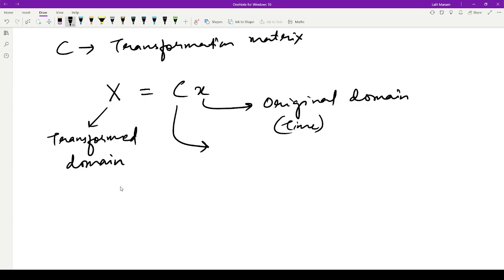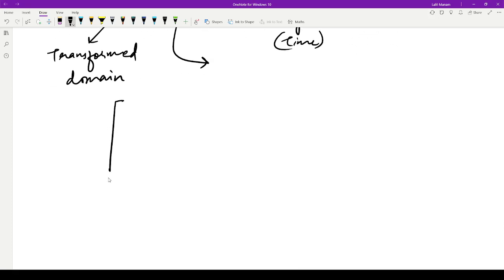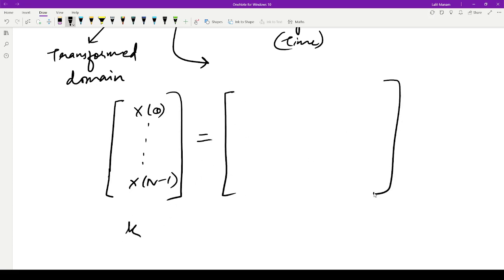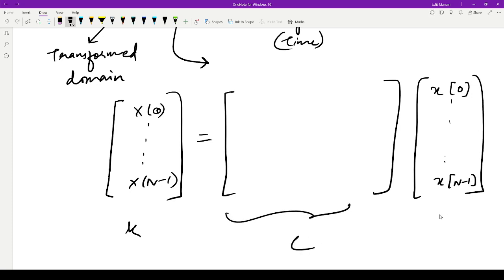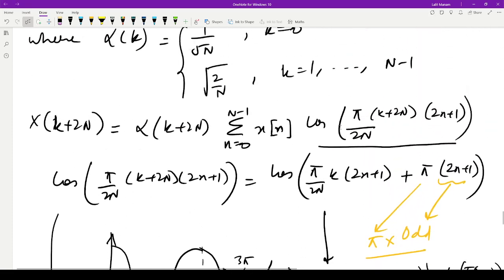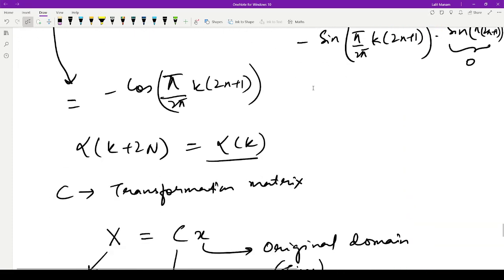X0 to xn minus 1 is in the transform domain. K is some matrix times x0 to x of n minus 1, right? And this is the matrix C. This is in the time domain n. Given this, how will the matrix look like? Just place the value C.